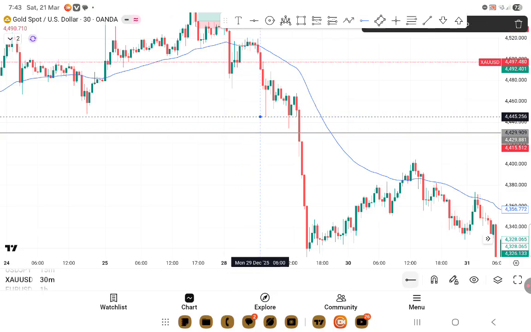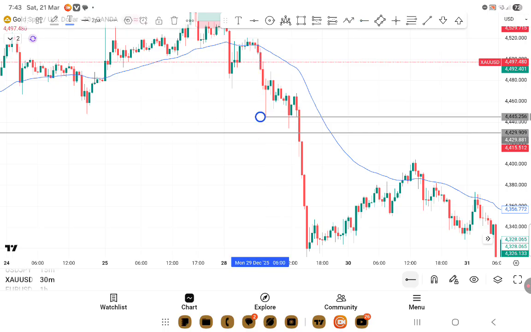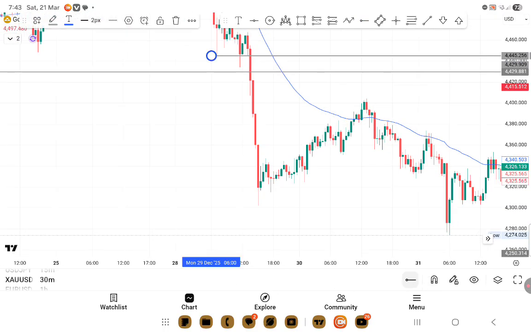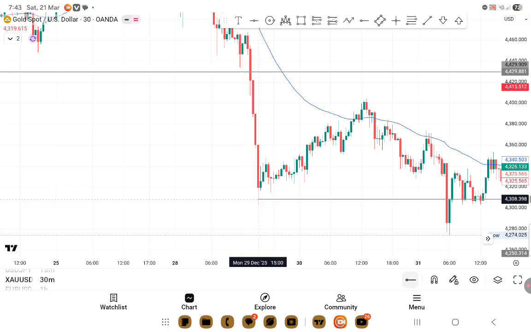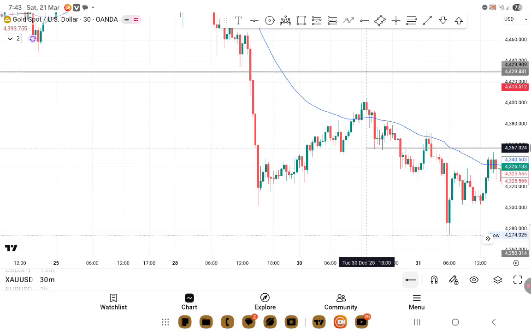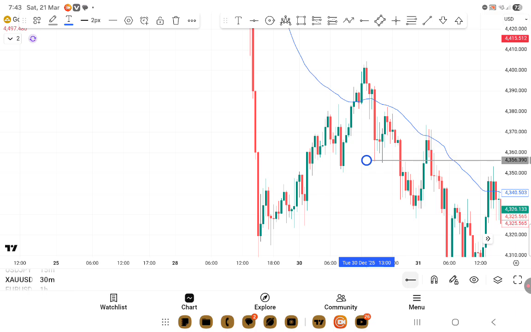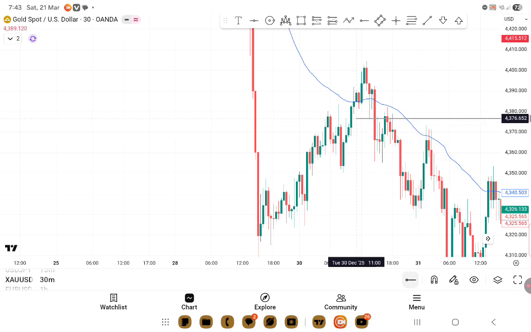Let's see if we can find anyone here. Nah. No. This is all choppy, this is the choppy market. Mm, this would have been valid though. Like this one here is valid.